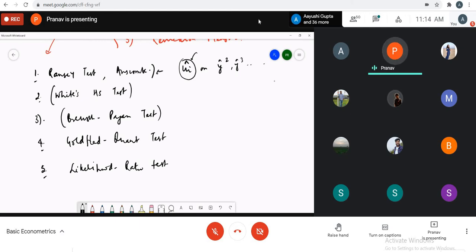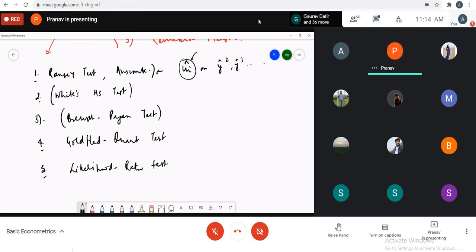Now basically Ramsey test and Anscomb test is suggested when you have a multiple linear regression model, because ideally the logic still remains the same, that the normal equation implies zero correlation between the residuals and the regressors. That's why you run a regression of ui on various non-linear powers of x's and various other combinations.